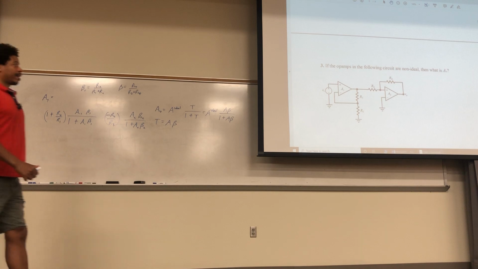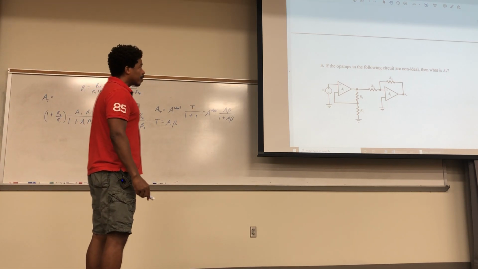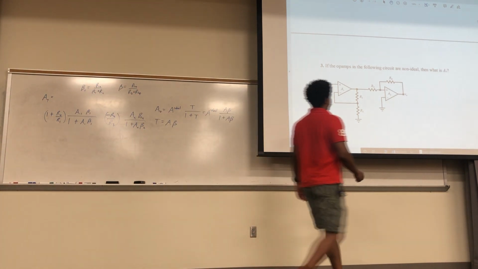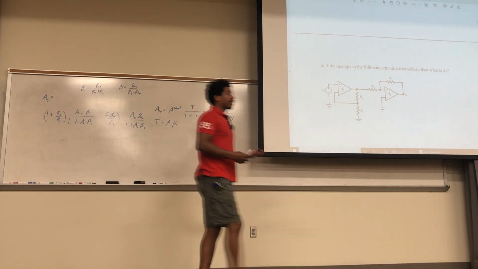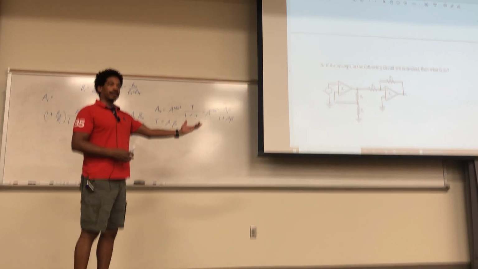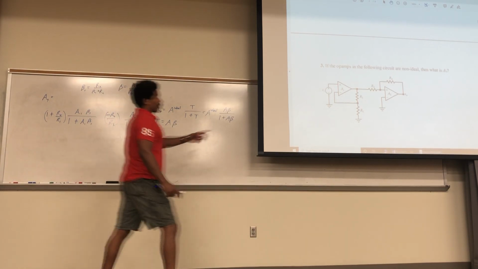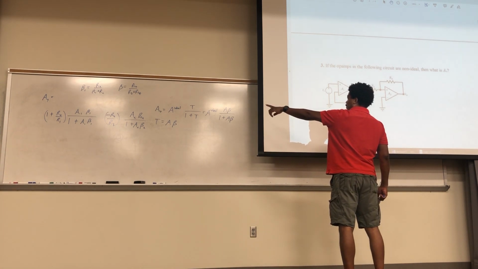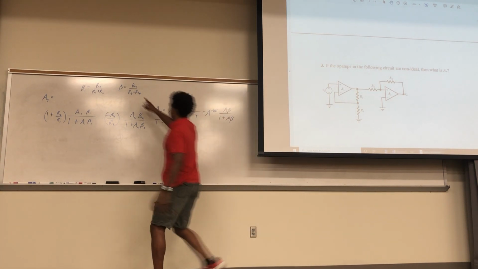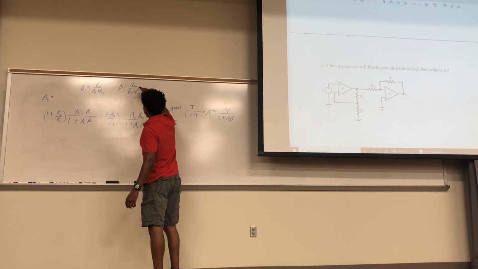Now, if you don't see that, then what you could do is do KCL and do output over input. Let's say you didn't remember your beta, is that the feedback or not? You'll know if it's R3 on top or R4 on top.